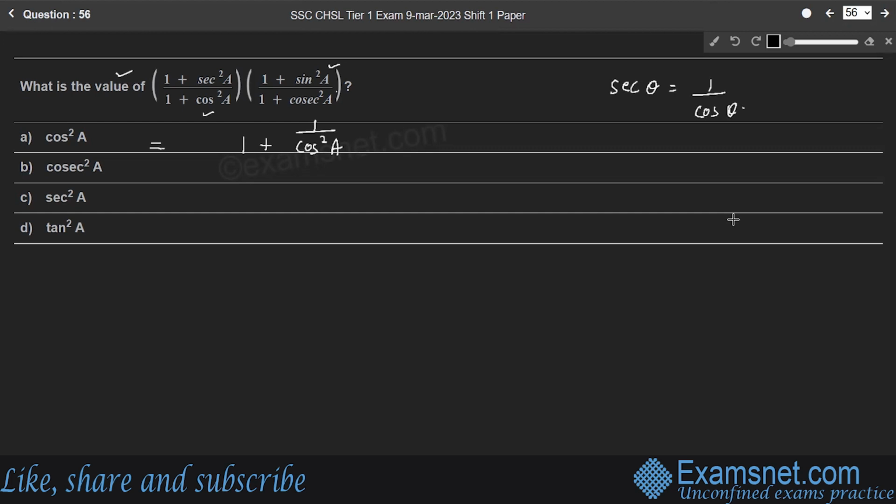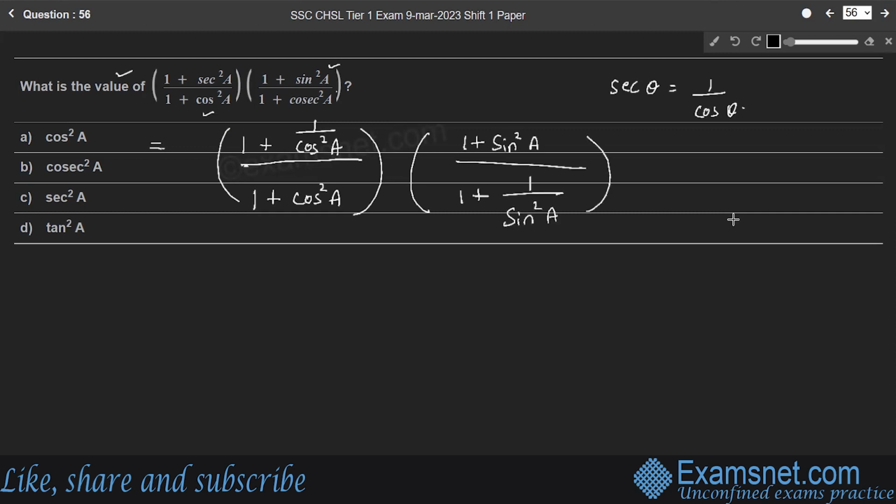From this identity, we can write the first term as 1 plus 1 by cos square A, whole divided by 1 plus cos square A. And the second term is 1 plus sin square A divided by 1 plus cosecant square A, which can be written as 1 by sin square A, because cosec theta is equal to 1 by sin theta.